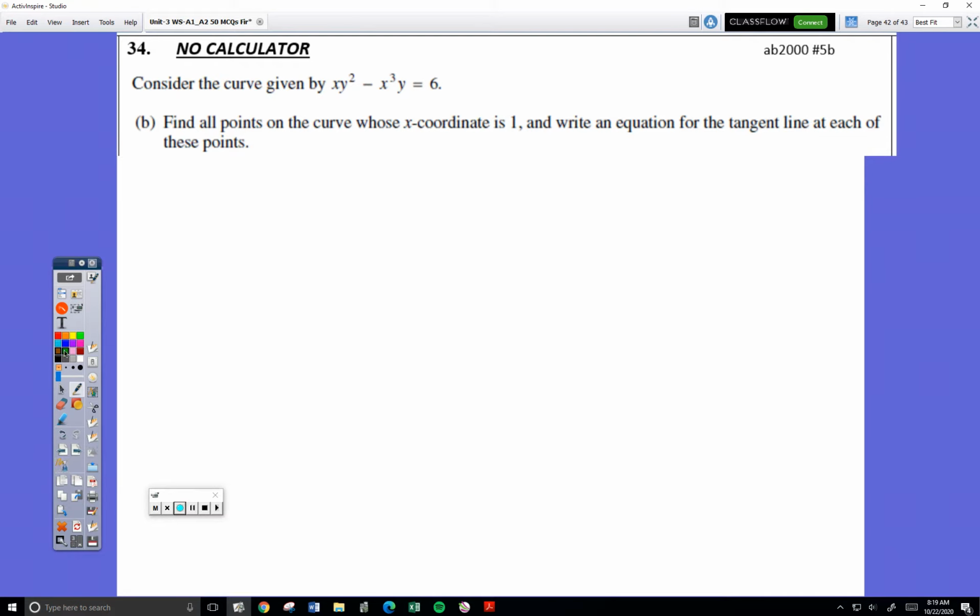So take the equation of the curve, x y squared minus x cubed y. This is an actual AP written test question. It's from the year 2000. So I apply the derivative rules. I'm going to apply the derivative operator to both sides. Trying to save a little bit of work. First thing I notice is I'm going to have to use the add-subtract rule, and then I'll have to use the product rule.